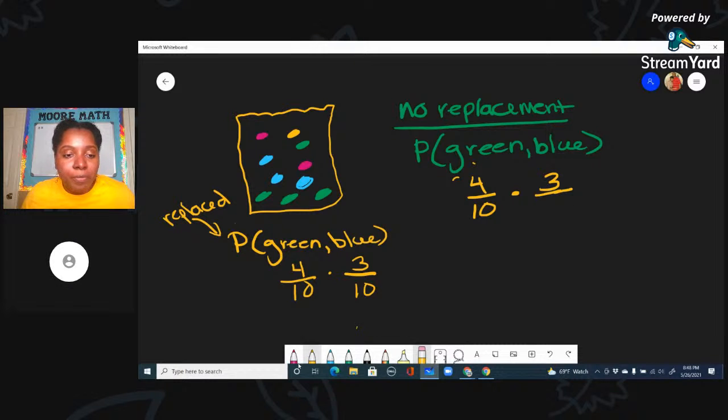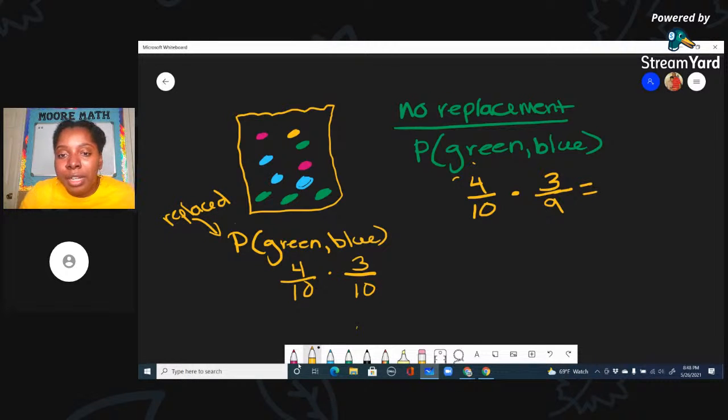Okay, so just be careful. When you see those words, did not replace, or they left it out, as long as it doesn't say I put it back in the bag or I replaced it, then you know that it's going to be one less in the bag. So it's going to be 3 out of 9.